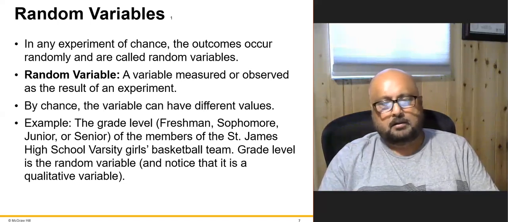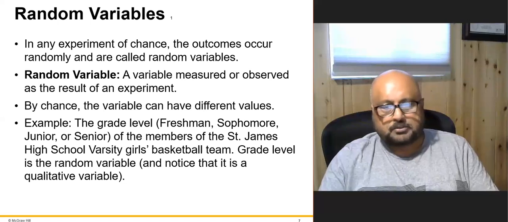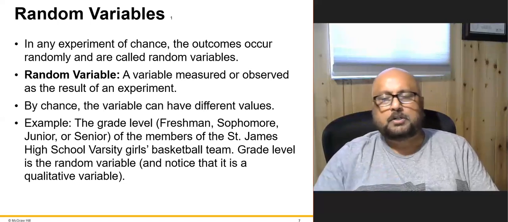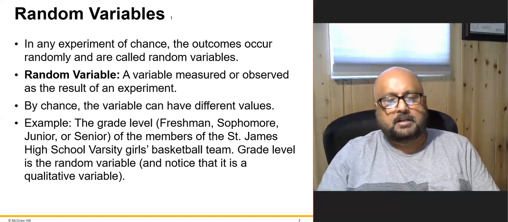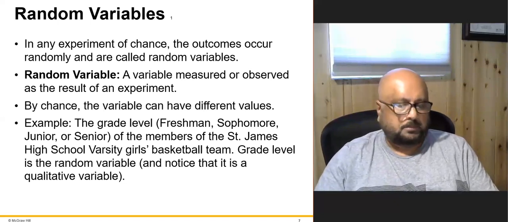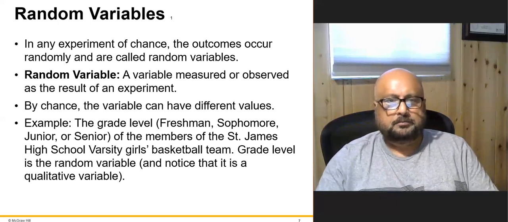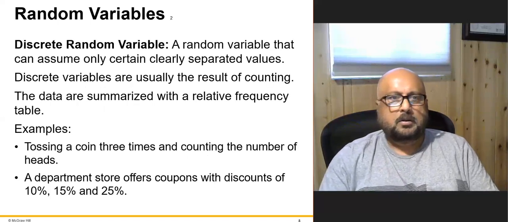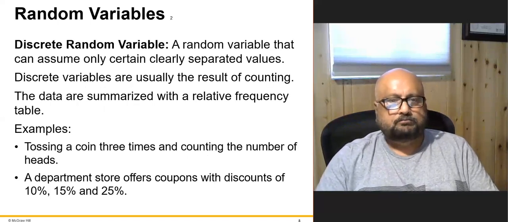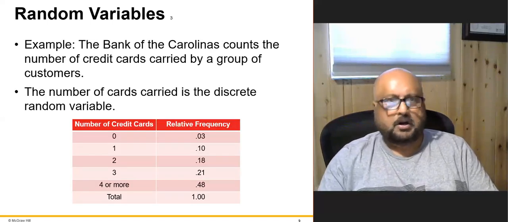No head means 0, one head means 1, 2 times means 2, and so on. So those are discrete random variables. We can easily count them.